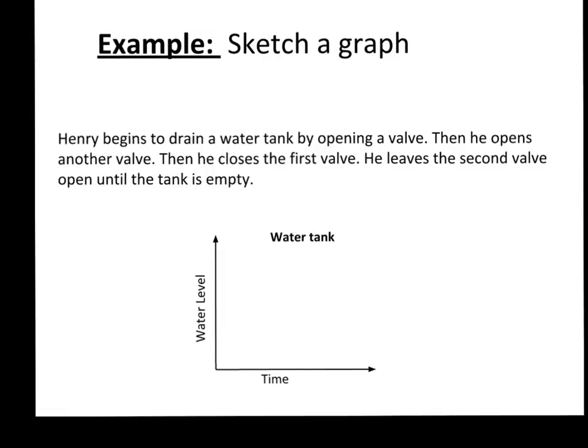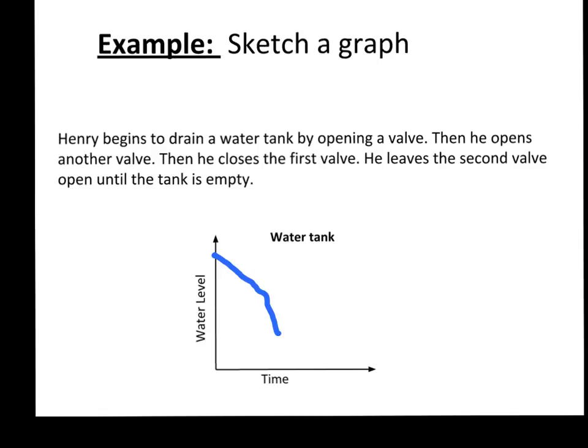Okay, our turn to sketch a graph. So Henry begins to drain a water tank by opening a valve. So there's water, the water level is full, and we're going to be emptying that water tank. So we're going to have something like this. It's decreasing. Then he opens another valve. When he opens that second valve, it's going to cause the steepness to increase even more, so it's going to drain even faster.